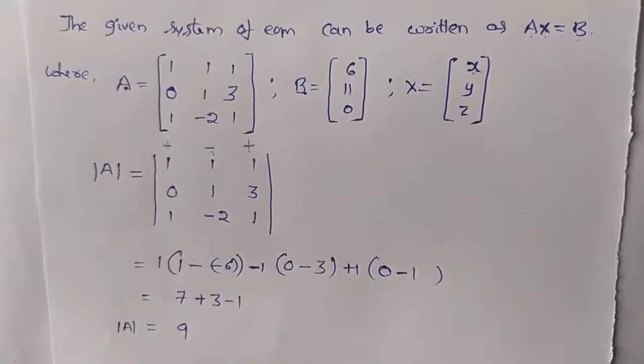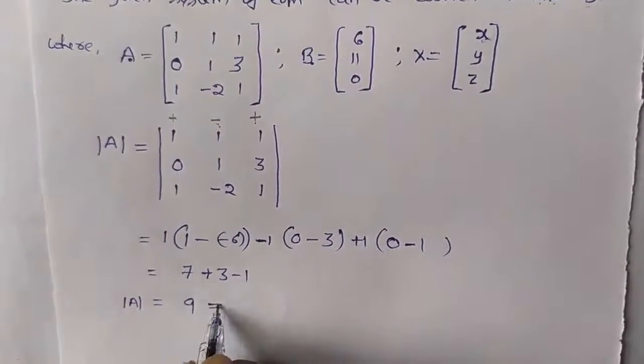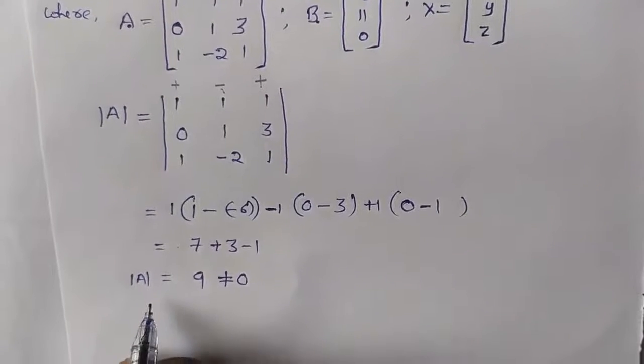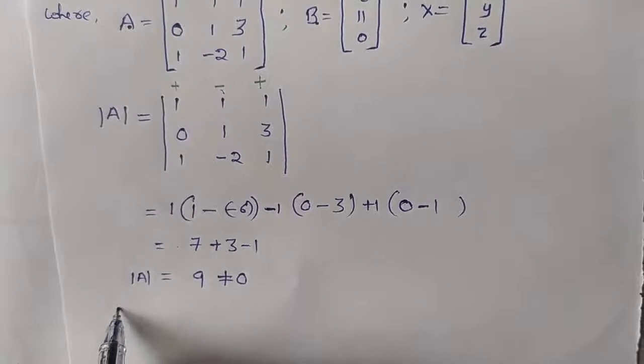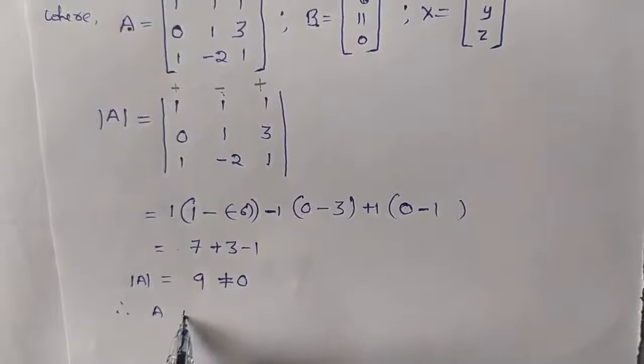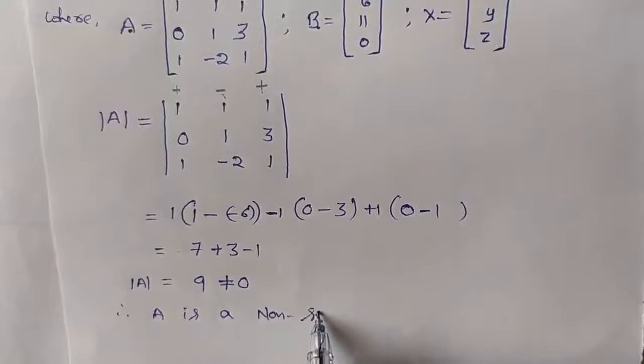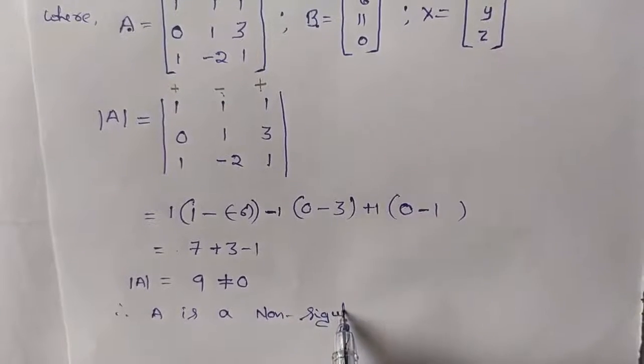Determinant of A is 9, which is not equal to 0. If the determinant is not equal to 0, therefore A is a non-singular matrix.